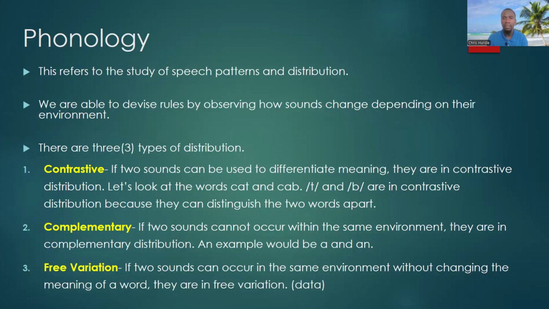That tells us that what is coming next is predictable. These cannot occur within the same environment because there are rules that dictate their usage. A is used before a consonant and an is used before a vowel. So complementary distribution is where we get the phonological processes.